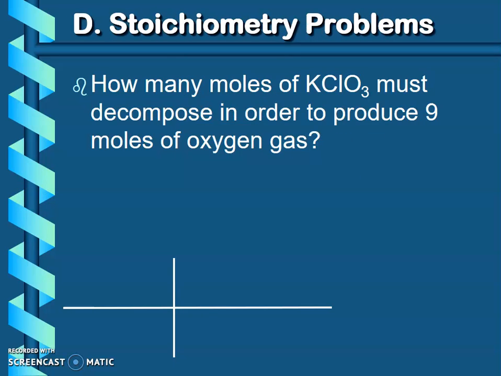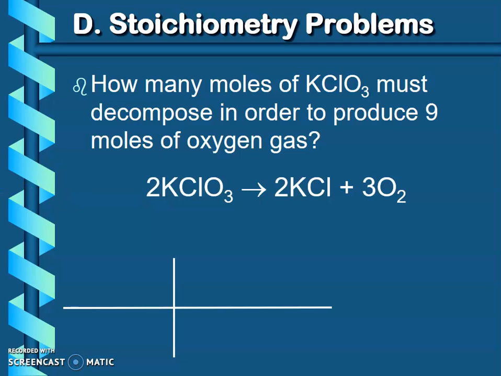So how many moles of KClO3 must decompose in order to produce 9 moles of oxygen gas? All right, step 1, we have to get a balanced equation. So we know we're going to have KClO3 decomposing, breaking down into KCl and O. So this is an example of one where you have more than a binary decomposing.